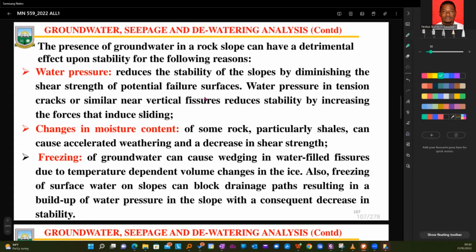Water pressure reduces the stability of slopes by diminishing the shear strength of potential failure surfaces. And that is why, if you consider the KEEL, they were looking at water and then the stress reduction factor. So if you have water present in any phase, this is its end result.